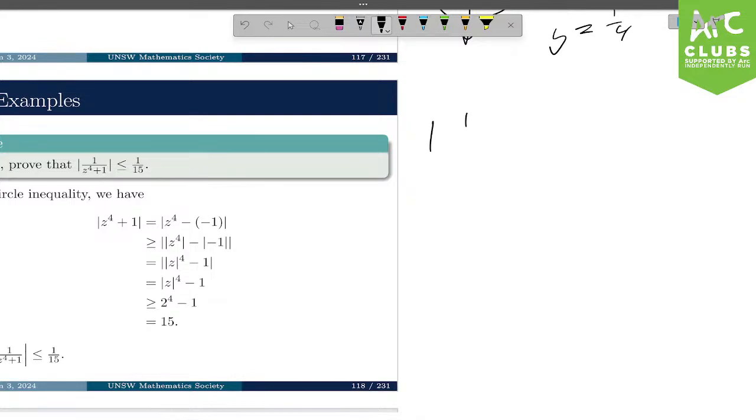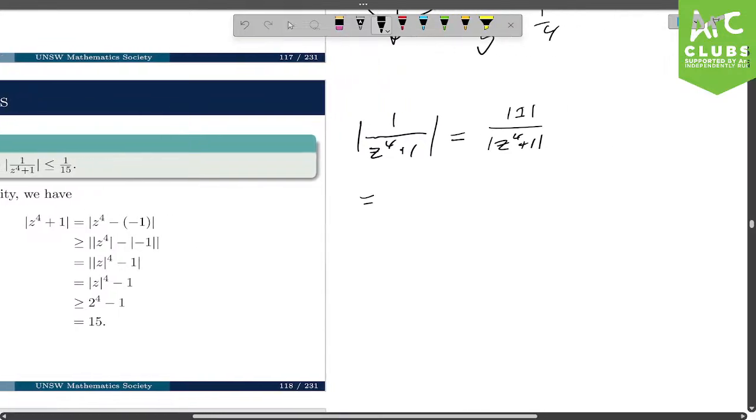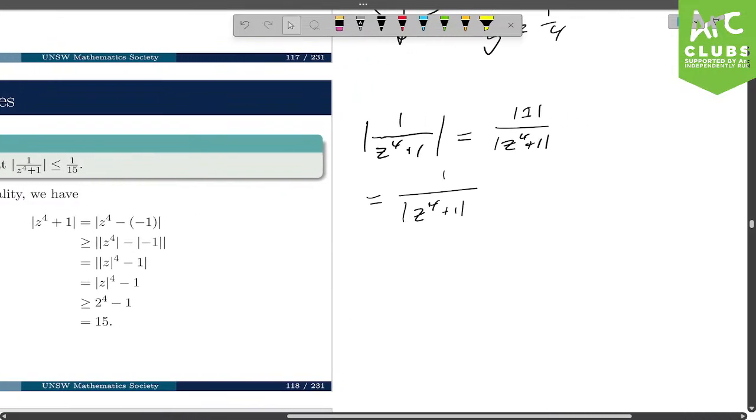Because absolute values break down into absolute value of 1 over absolute value of z to the 4 plus 1, which we only really need to consider the denominator. Okay? And moving from here, we have to think about where does this go and what we know about it.